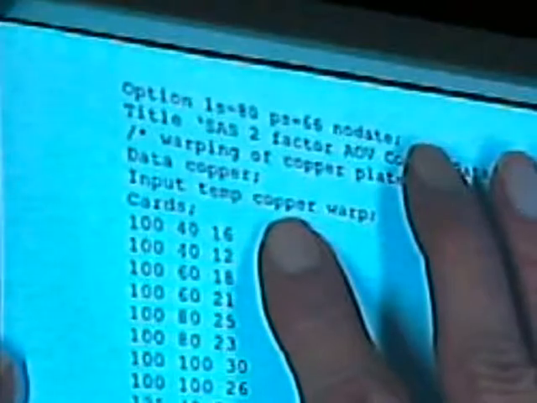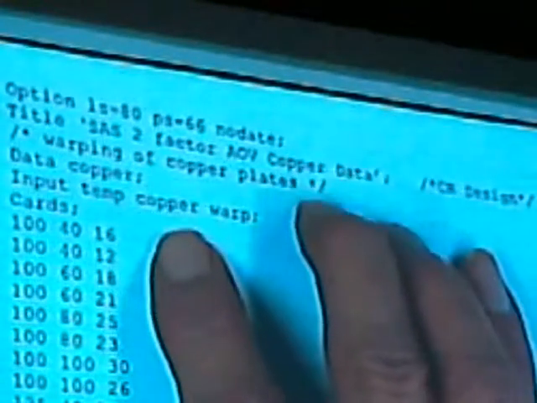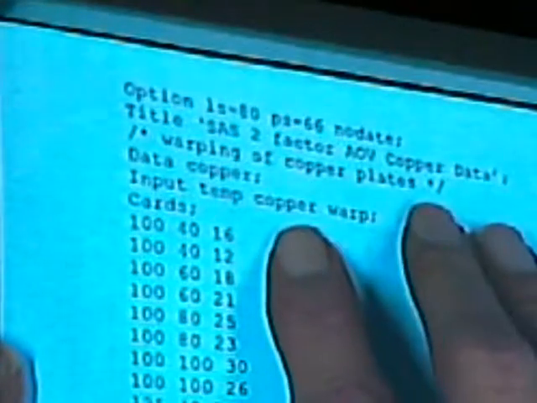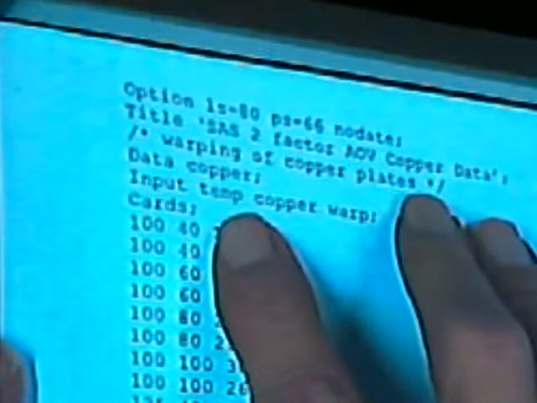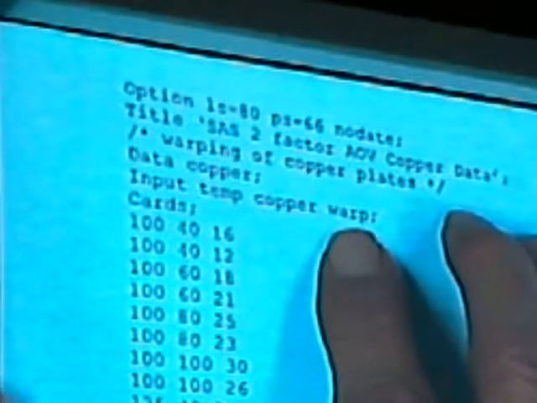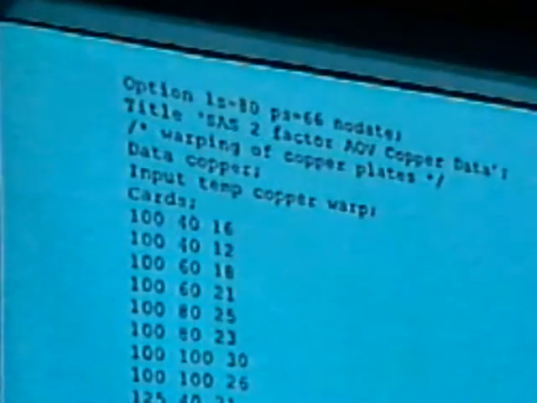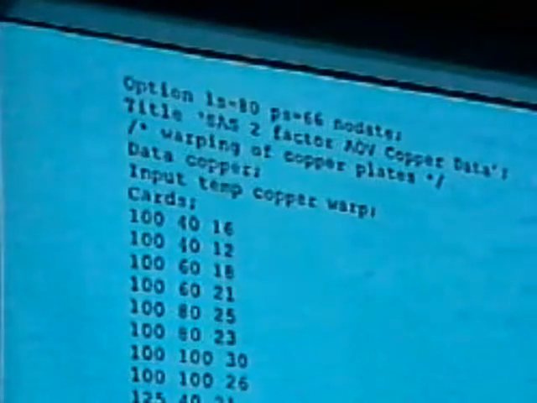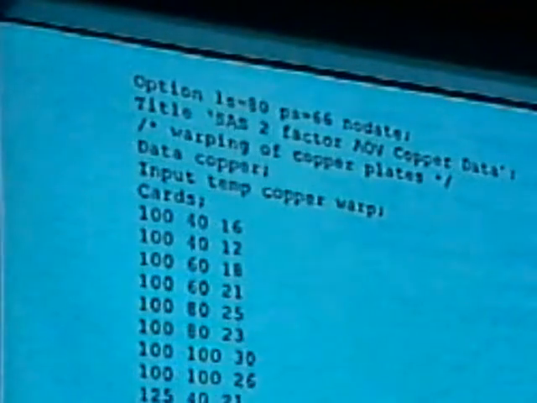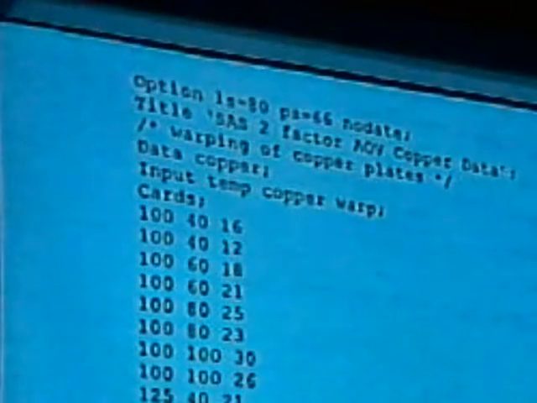So I guess copper is the amount of the copper additive in the material. Temperature seems plain. Warp is the response. So there's the data in those 3 columns. I guess the purpose of this example would be to say, how do we do a 2-factor ANOVA with SAS? That's all that's going on here, nothing fancy.